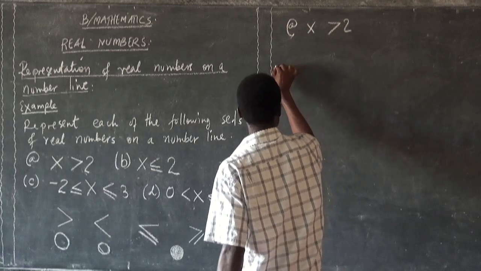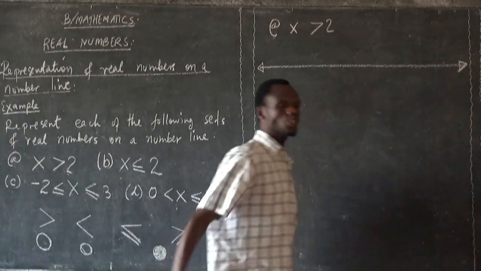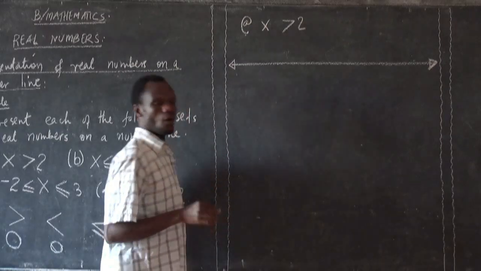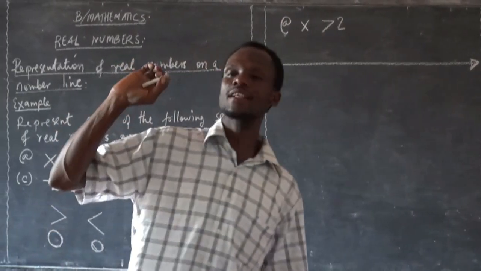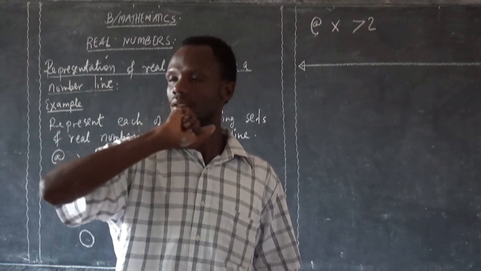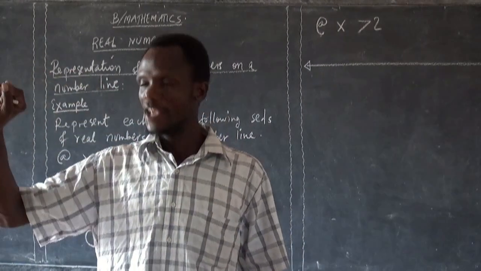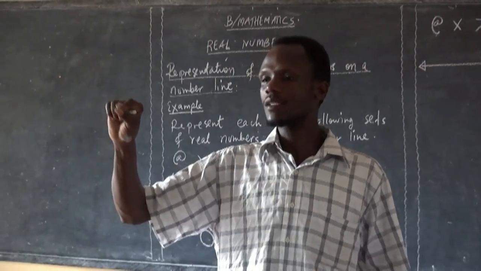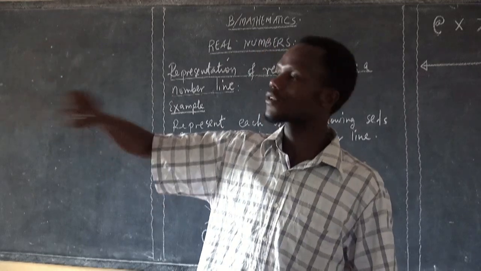Now, we draw our number line here. Why do we show it with an arrow? An arrow is there to indicate that this line goes to infinity. It won't stop. Because when I say greater than 2, it means 3, 4, 5, 6, and so forth.